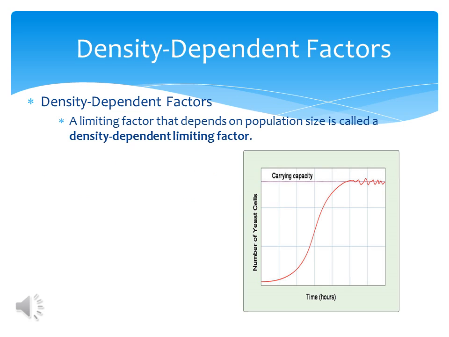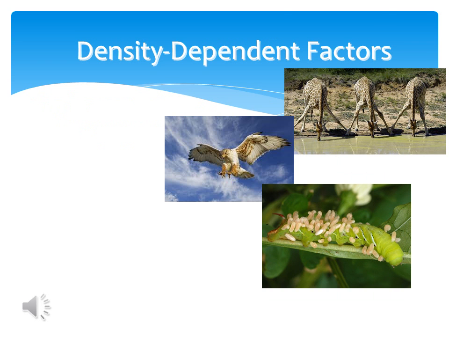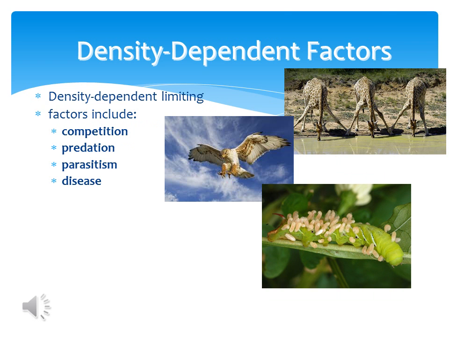Density-dependent factors. A limiting factor that depends on population size is called a density-dependent limiting factor. Density-dependent limiting factors include competition, predation, parasitism, and disease.